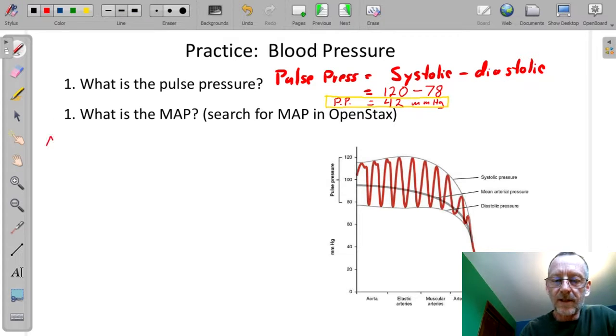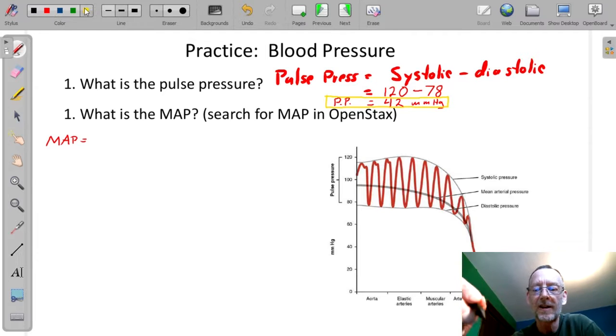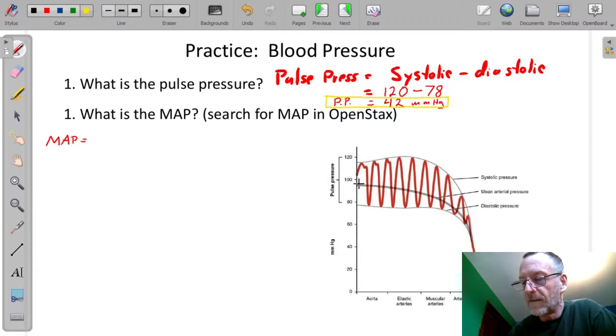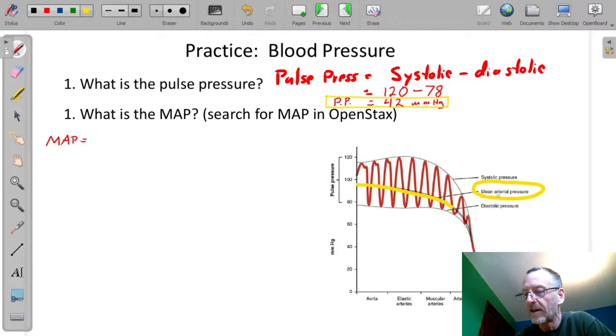So mean arterial pressure. First of all, let's just look at the diagram and sort of think about it for a moment. The mean arterial pressure is this line. That's our MAP.